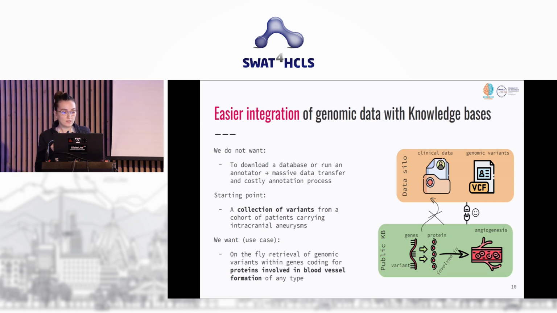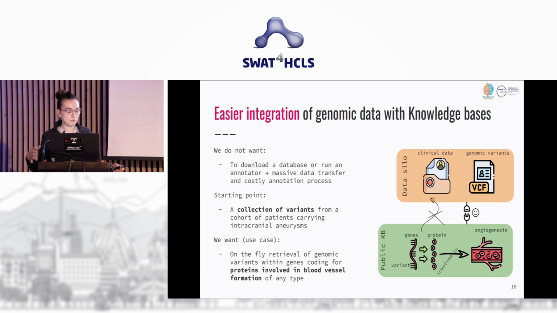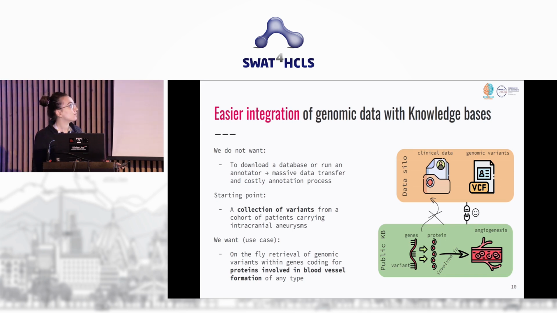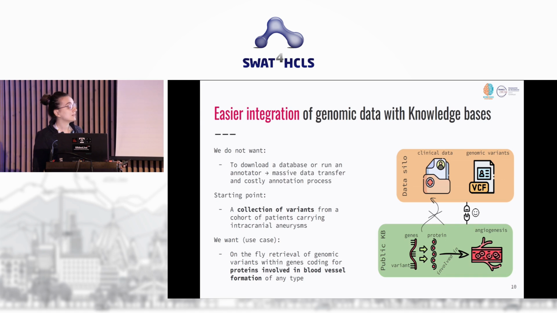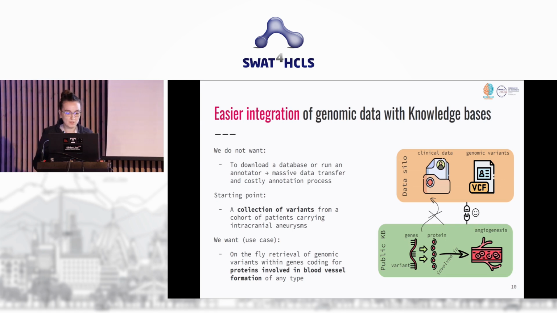What we wanted was more on-the-fly retrieval of genomic variants within genes coding for proteins involved in functions that we were interested in. Our genomic variants were found in the data silo, and all the annotation that we were interested in is found in public knowledge bases that could already be exploited.